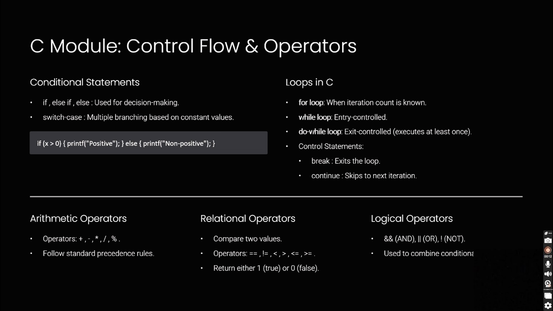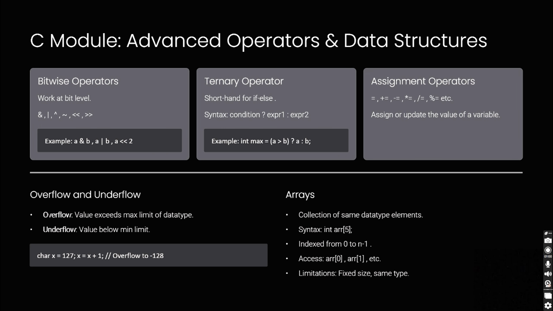C has various operators we use frequently, like arithmetic operators: addition, subtraction, multiplication, division, and modulus. Relational operators like equal to, not equal to, greater than, lesser than or equal to, etc. Logical operators like and, or, not, and most importantly for embedded work, bitwise operators.